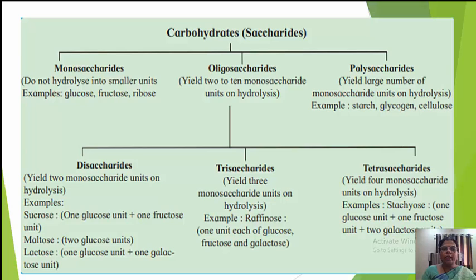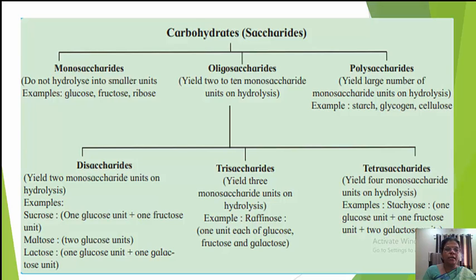These oligosaccharides on hydrolysis yield 2 to 10 units of monosaccharides. And third is polysaccharides, which on hydrolysis give a large number of monosaccharide units. For example, starch, cellulose. Now these oligosaccharides are further classified into the following classes.